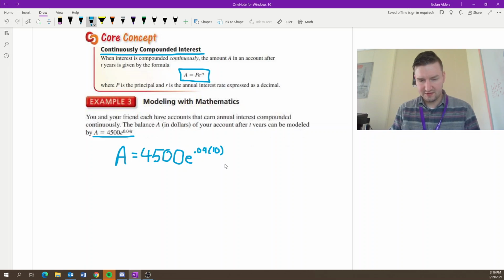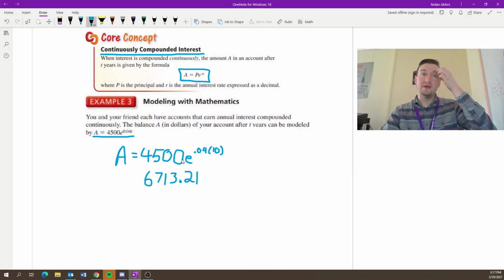So we could type that into our calculator, 4,500 times e to the 0.04 times 10. When we press enter, we get that with only 4%, it compounds up to $6,713.21.